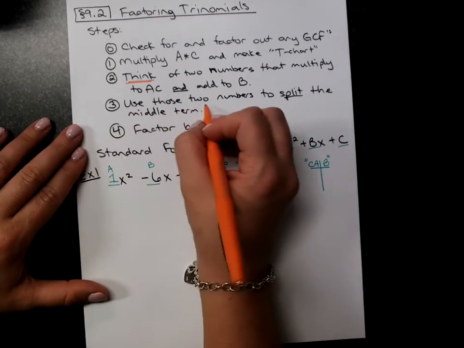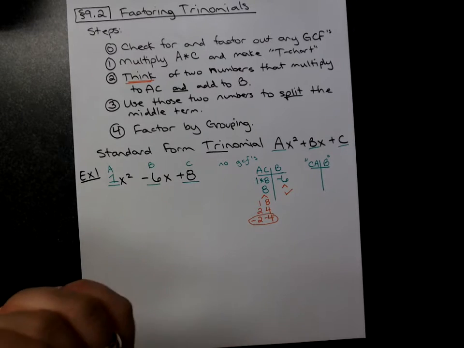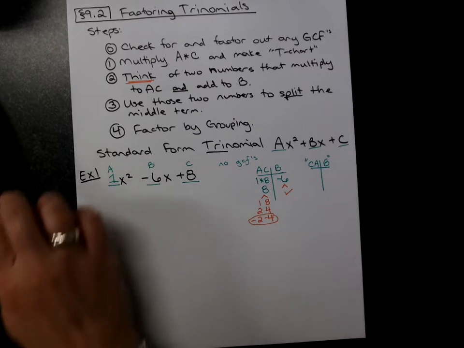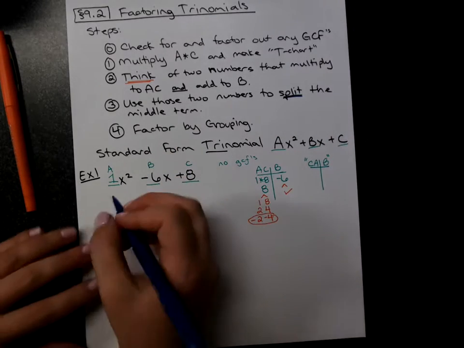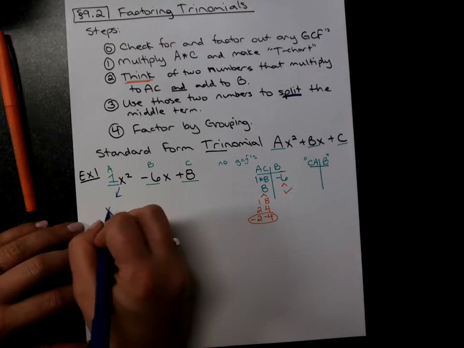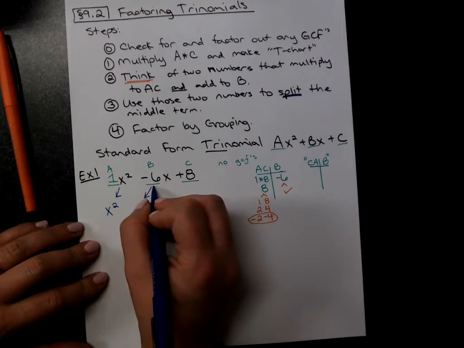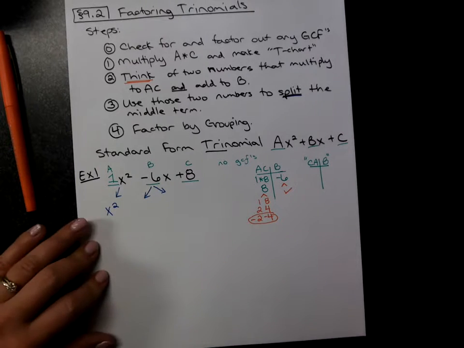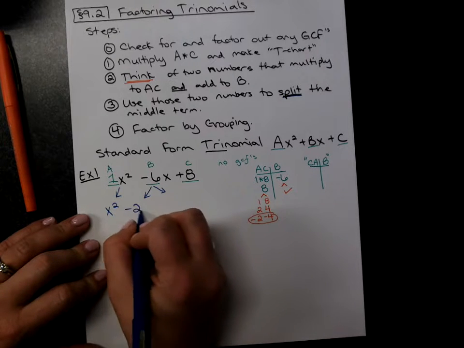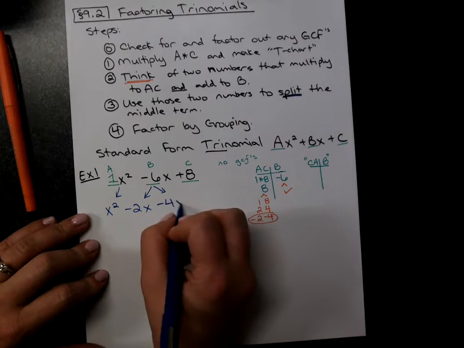So we're going to use those two numbers to do what's called splitting the middle term. Means we leave the first term the same, just x squared. We're going to take those two numbers that we found and split the middle term. So it's going to be minus 2x minus 4x.